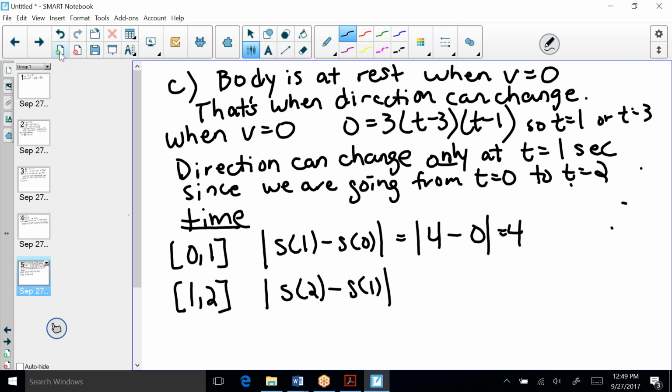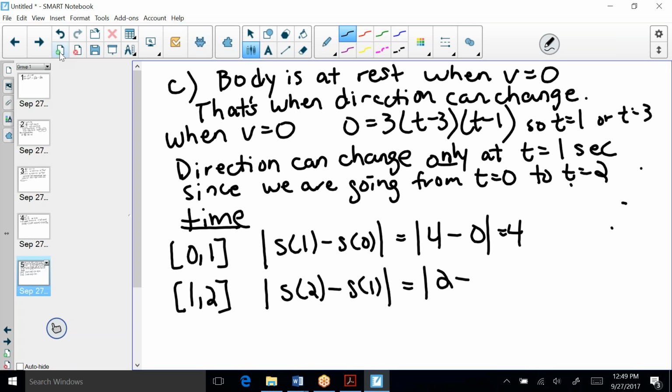And then from 1 to 2, we got to find S of 2. So if we plug 2 into that function, we get what? Yeah, I think it's 2. So 2 minus S of 1, we already did S of 1.